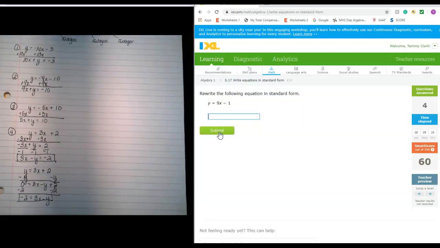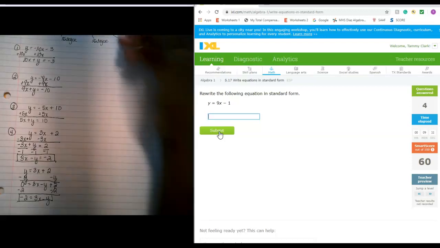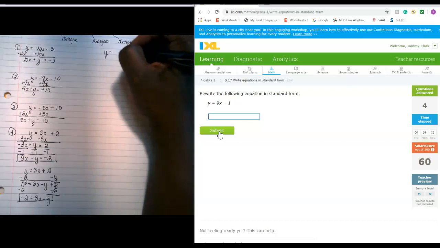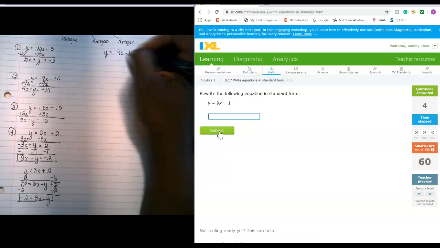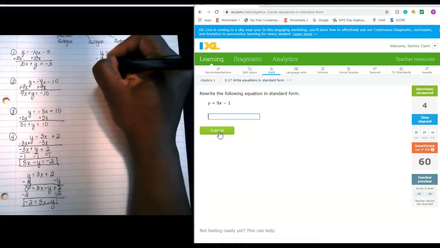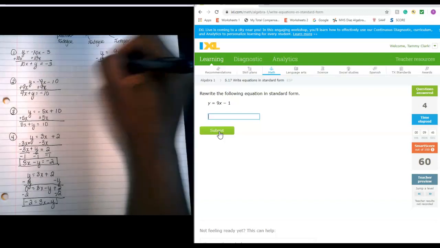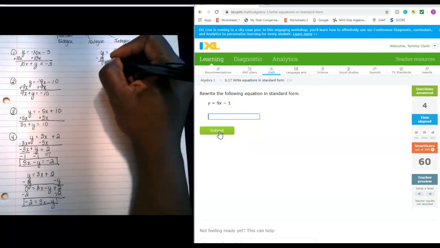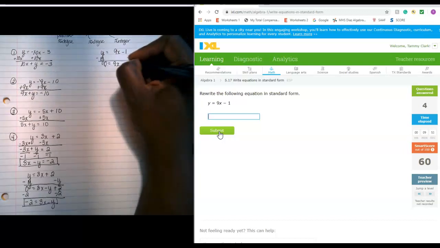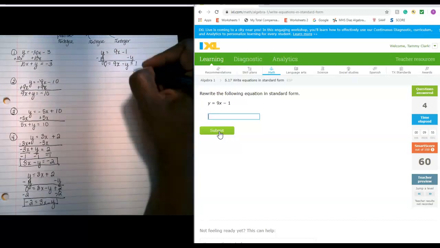Alright, here's our next question, which is y is equal to 9x minus 1. And again, we want 9x to be positive. So this time I'm just going to subtract y from both sides of the equal sign. That leaves me with 0 is equal to 9x minus y minus 1.